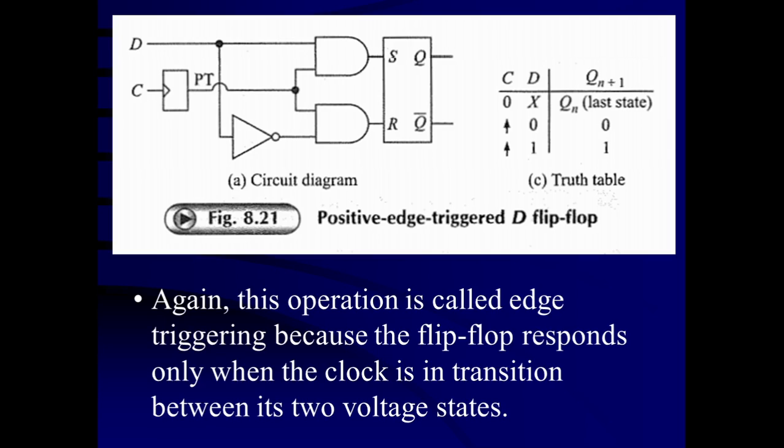How will it work? When the positive rising edge of the clock pulse, that means the leading edge of the clock pulse, is there, a positive voltage spike is going to be generated. During this positive voltage spike, both the AND gates are enabled, and whatever data is presented here will pass through the upper AND gate and its complement will pass through the lower AND gate.